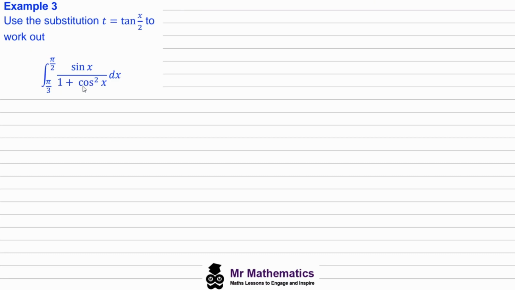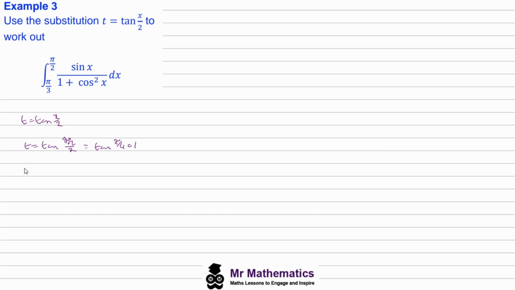If we begin with these limits, we know that t is the tan of x over 2, and we're told here that x is pi over 2. So the t value will be the tan of pi over 2 divided by 2. This is the tan of pi over 4, which is 1.